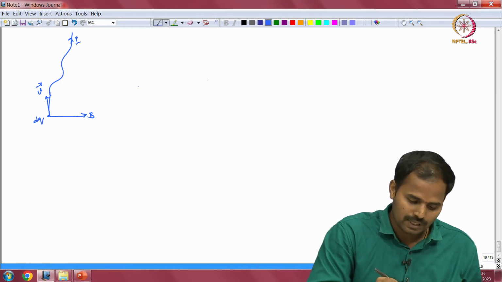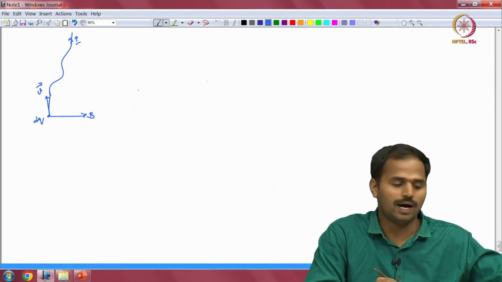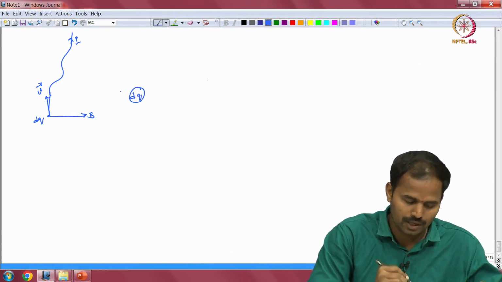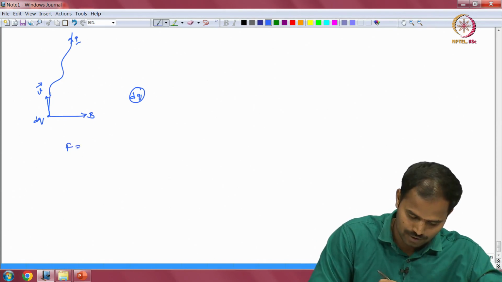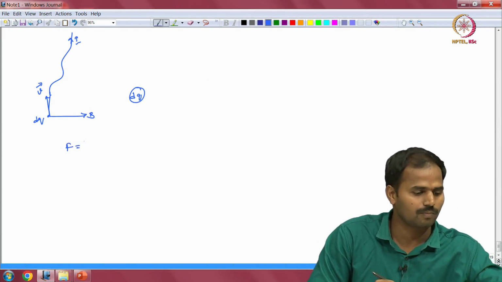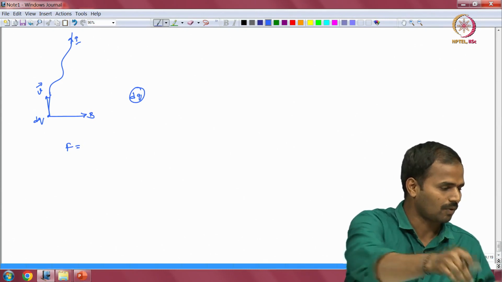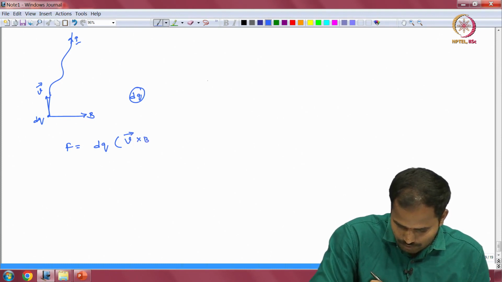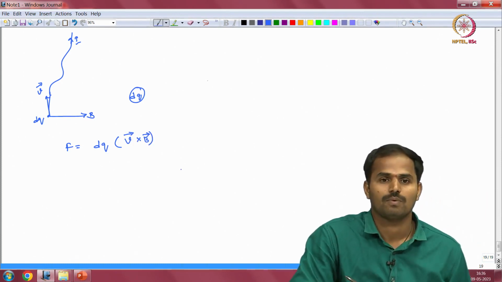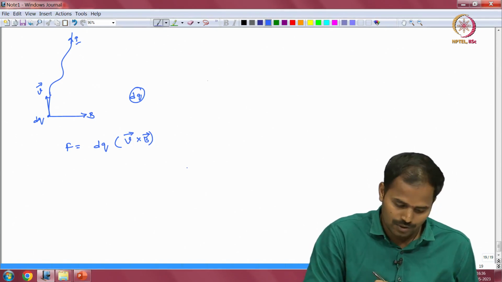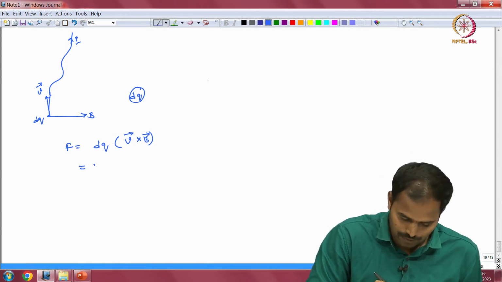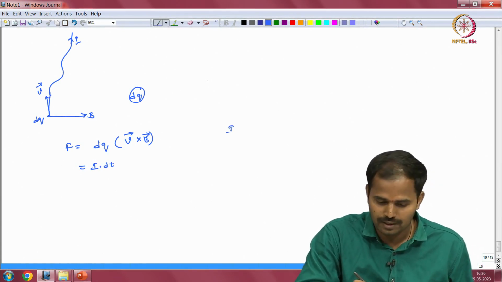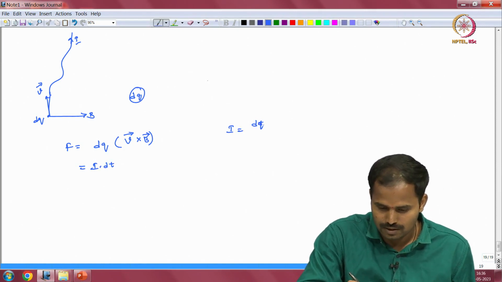Now, the force acting on this particular charge dq is F equals dq into v cross B. Here dq equals I into dt, since the current flowing through the wire I equals charge per second.